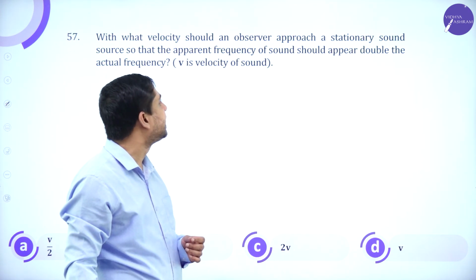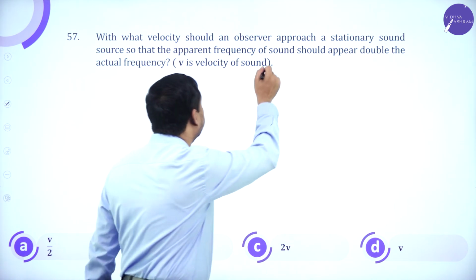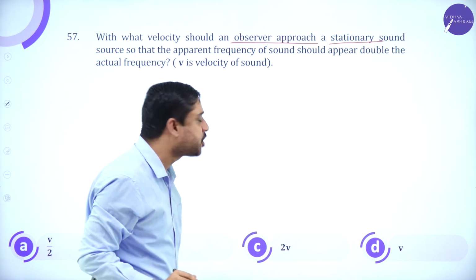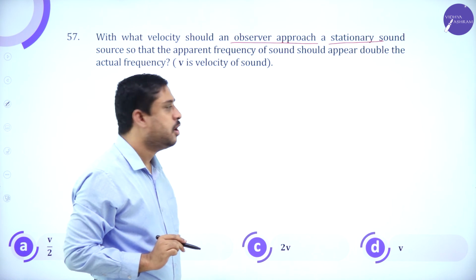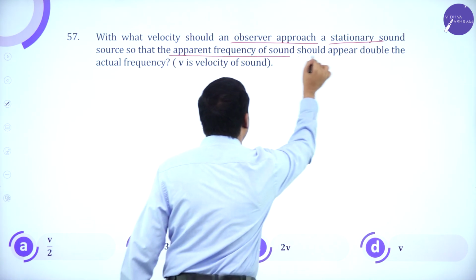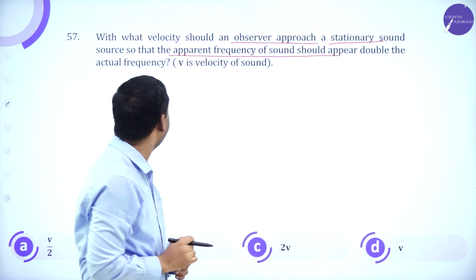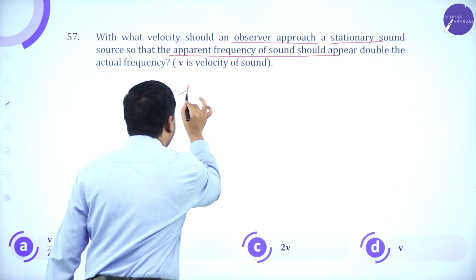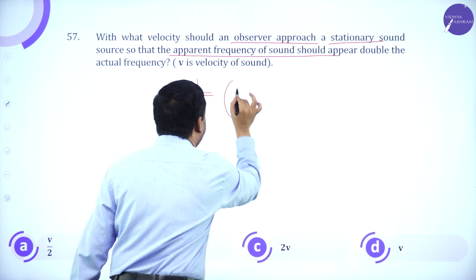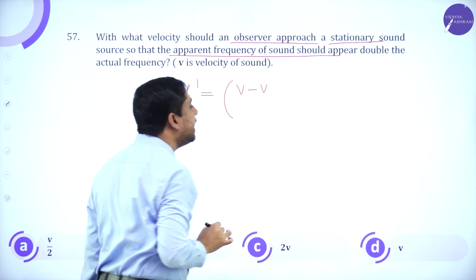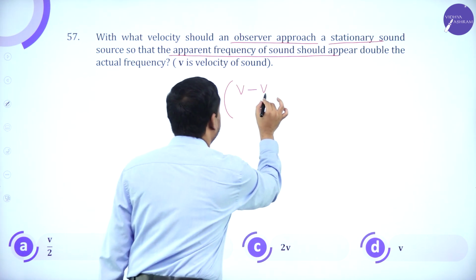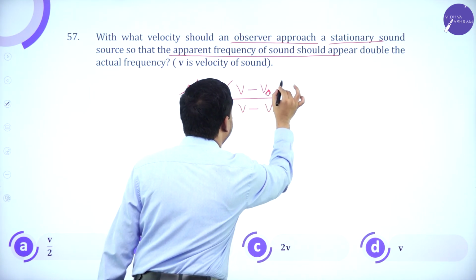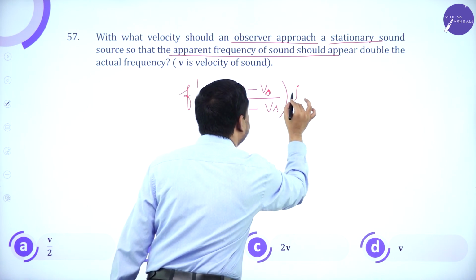With what velocity should an observer approach a stationary sound source so that the apparent frequency is double the actual frequency? See, by Doppler effect, f dash is (v minus v naught) divided by (v minus vs) into f.